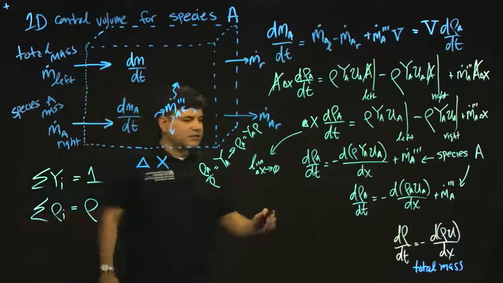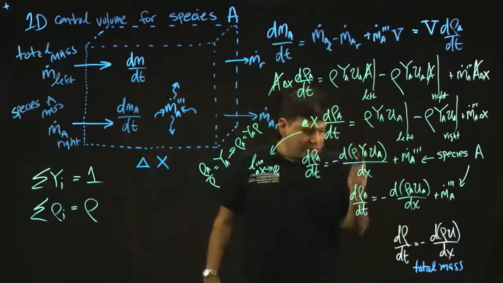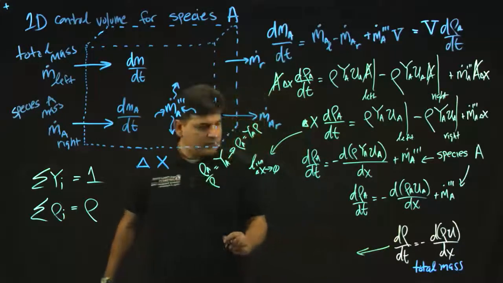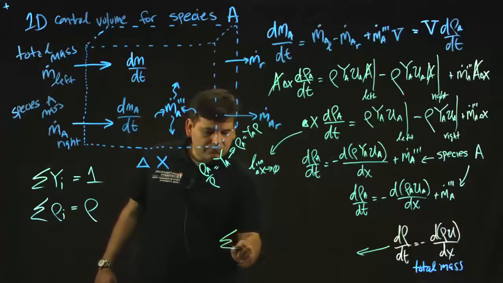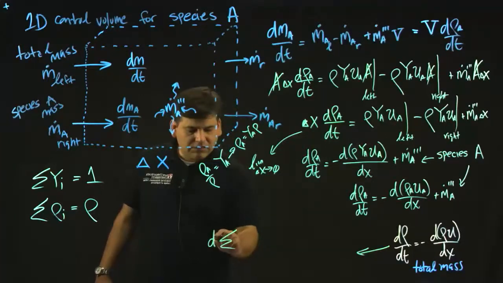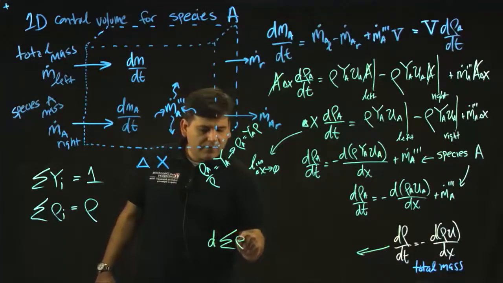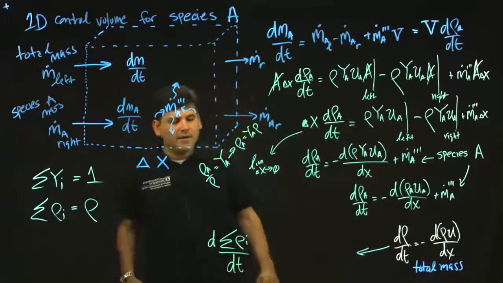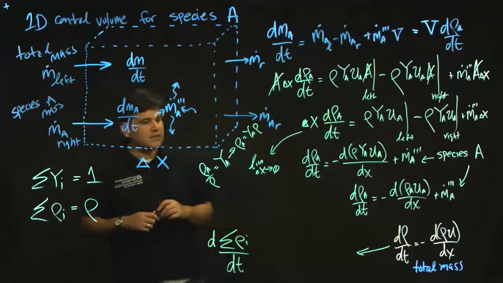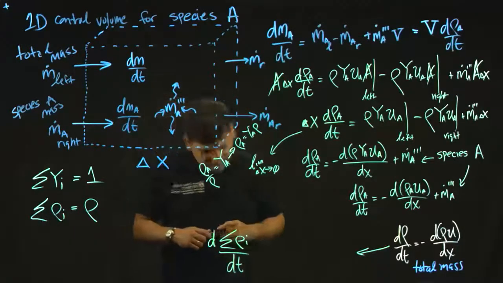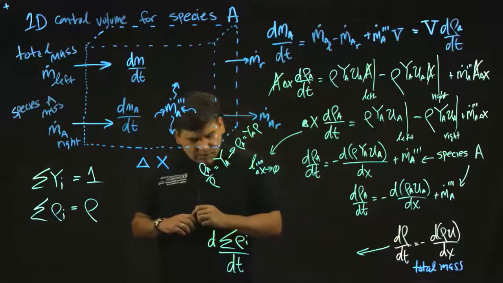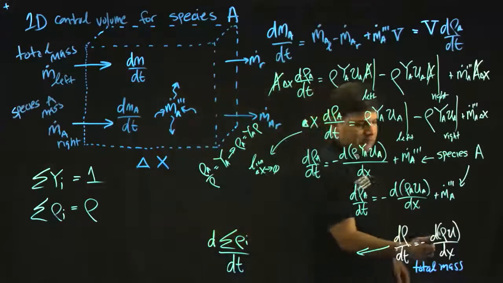So we can write this conservation of mass: the derivative of the sum of all densities equals that. And then we can apply that further. We can put that in here.